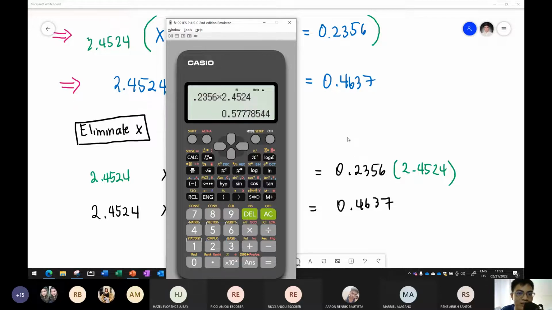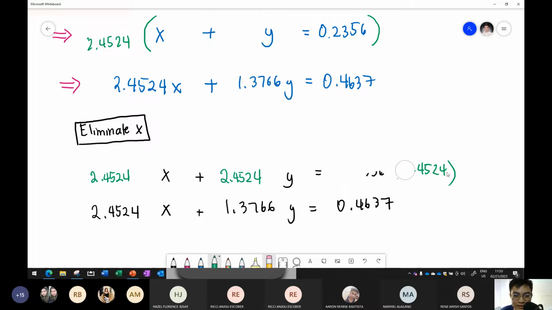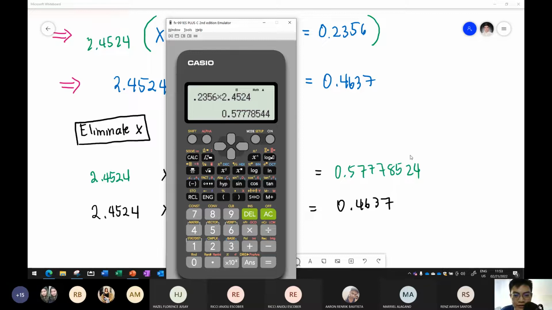Kokopyahin ko lahat yan. Lahat ng digits kailangan kopyahin. Ang dami. 577.5777854. Tama ba? 44, sorry.